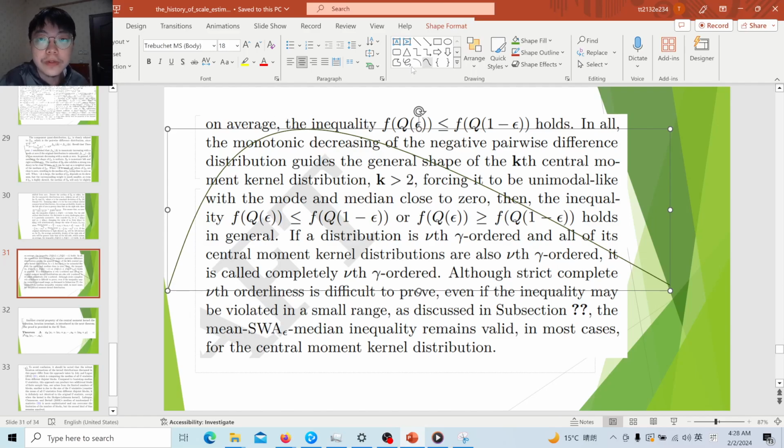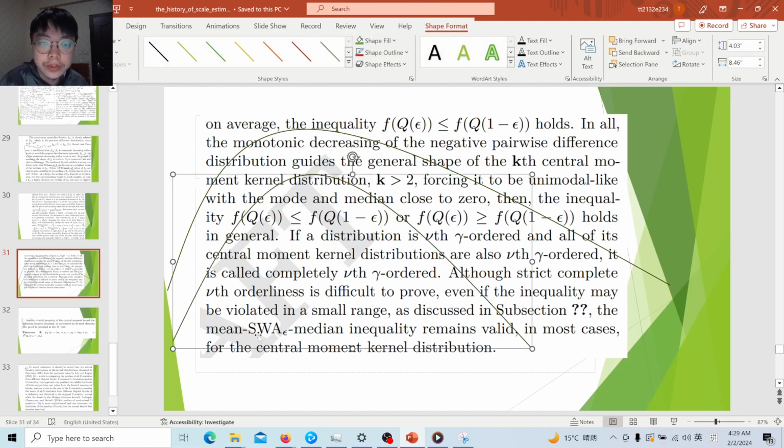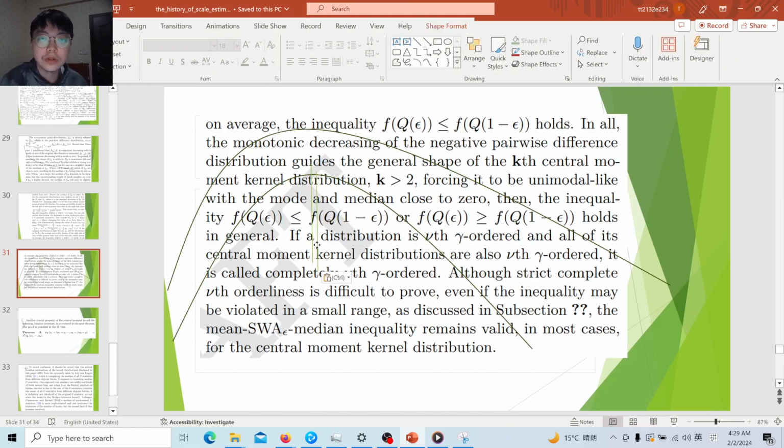Even if it is not ordered, violations of ordering occur when the distribution is relatively symmetric. So if we use a symmetric weighted average, the mean, symmetric weighted average, median inequality might be violated, but the violation will be very small, because the distribution itself is symmetric, so they should all be very close to the center, to the median, to the mean, right?